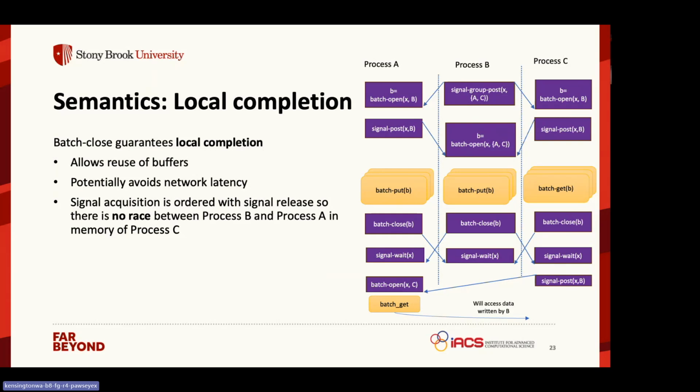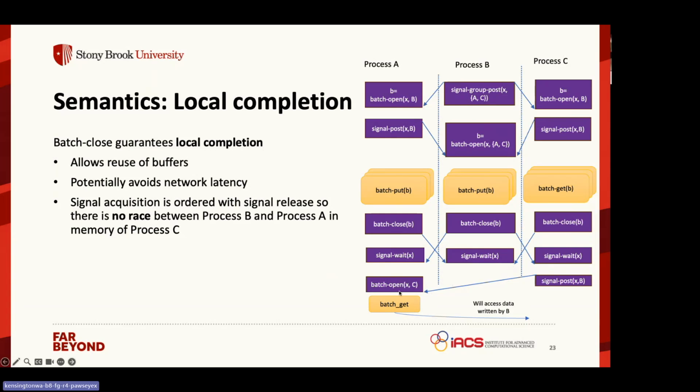There's no data races, because in order to access someone else's memory, so in this case here, process A and B synchronize with each other in the first case, right, until the very bottom here. So this is where A and B have synchronized. B has actually put data into process C's memory.